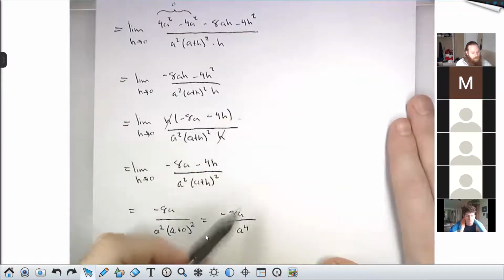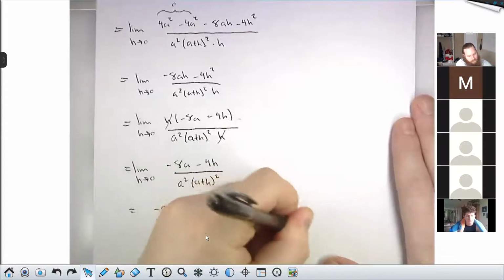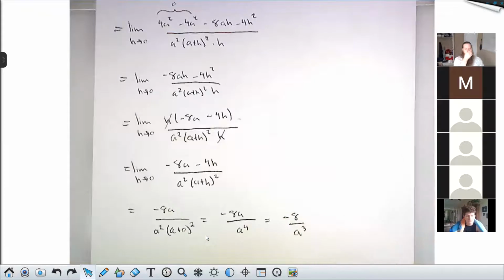And negative 8a over a to the 4, you can cancel one of the a's, is negative 8 over a cubed. So this is s primed of a, which is v of a.